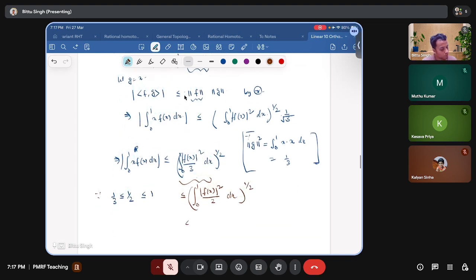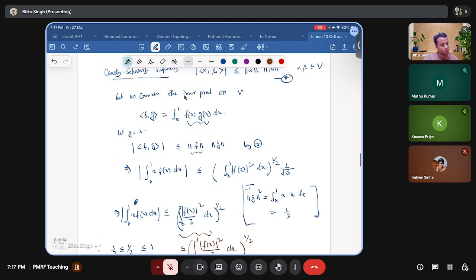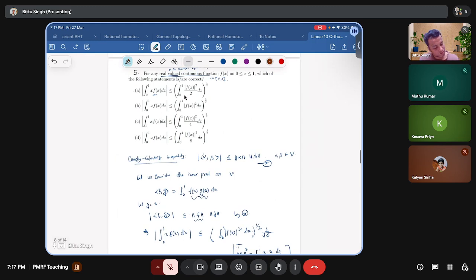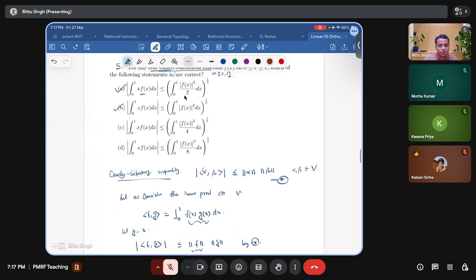And since half is less than or equal to 1, the integral from 0 to 1 of mod f(x) squared dx, to the power half. So can you see that options A and B both are correct. This is easy to conclude. Now, what about C and D? Can you conclude about C, D?